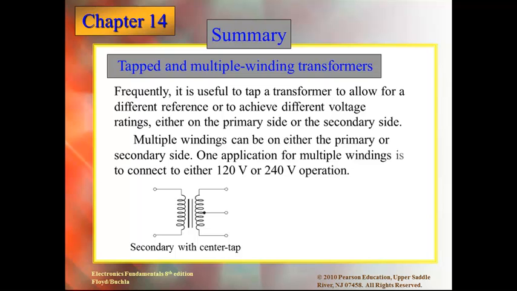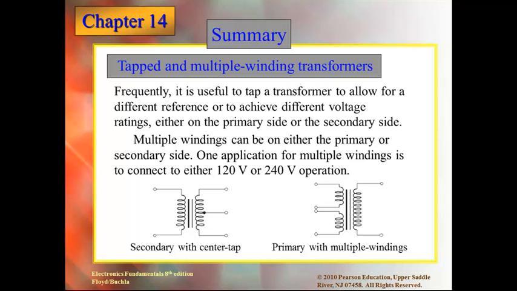The taps can also be on the secondary side or on the primary side. Now on the right side there, they show the primary having multiple windings and the secondary being a single coil. This could be for, say, 240, 480, or like it says on the slide, 120, 240 on the primary coils, and then provides us, say, 24 volts on the secondary for control power.